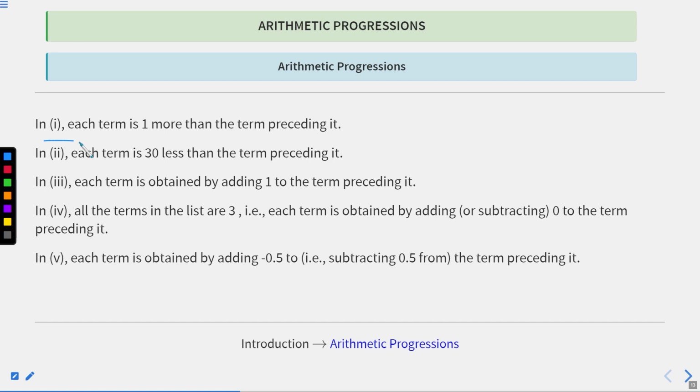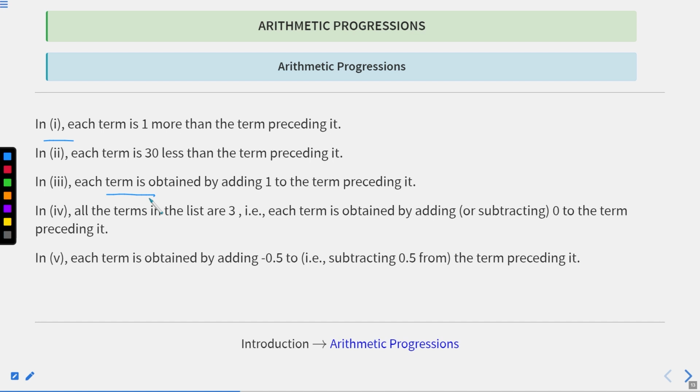In the second one, each term is 30 less than the term preceding it, since 70, then 40, then 10, and so on. In the third one, each term is obtained by adding 1 to the term preceding it.